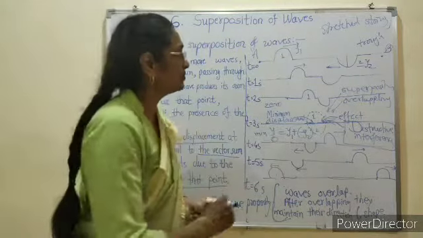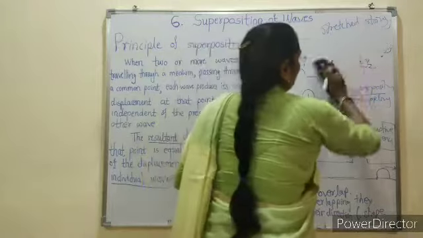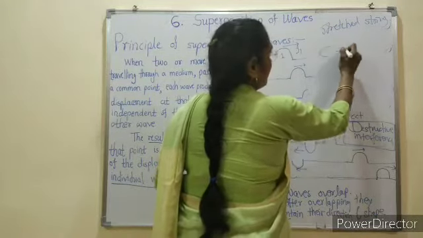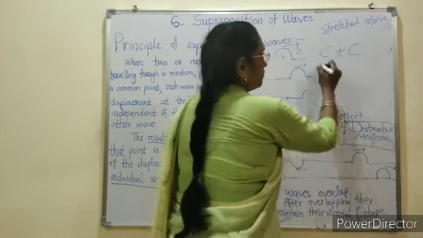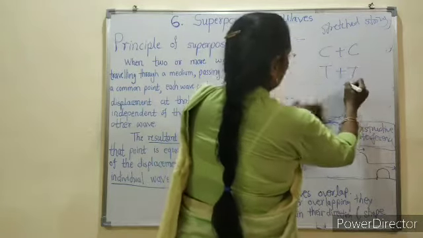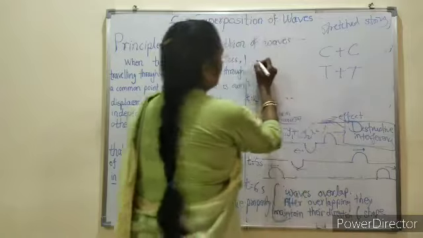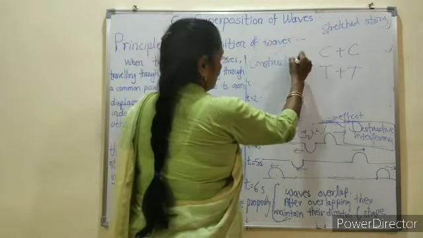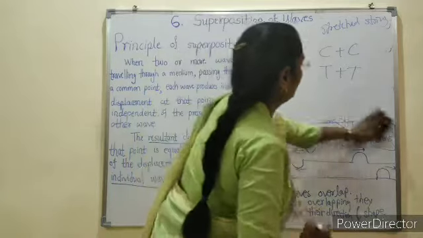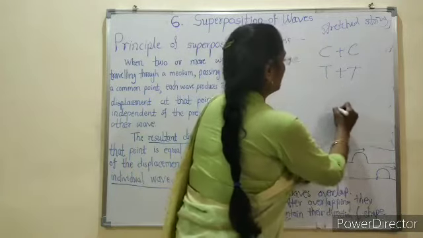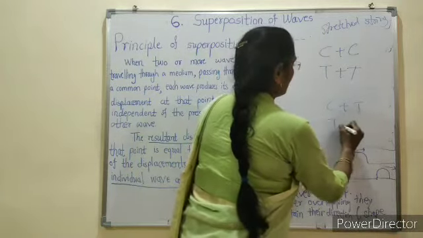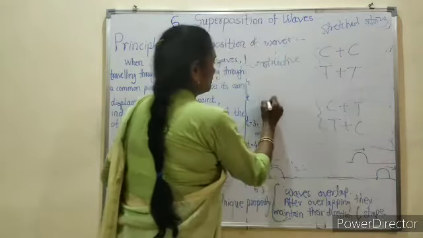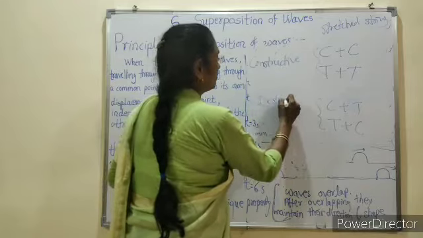In case of a transverse wave, if crest and crest overlap, or trough and trough overlap, then there is constructive interference, and if crest and trough or trough and crest overlap, there is destructive interference.